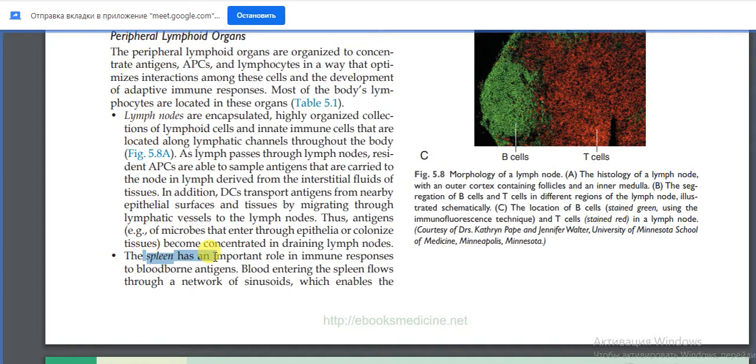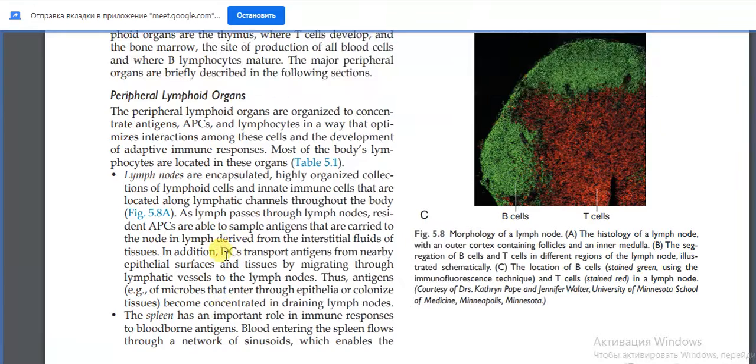It might also be named a very large lymph node, but the spleen, unlike a lymph node, collects the blood. So if bacteria or antigen is present inside the blood, the spleen will handle it.